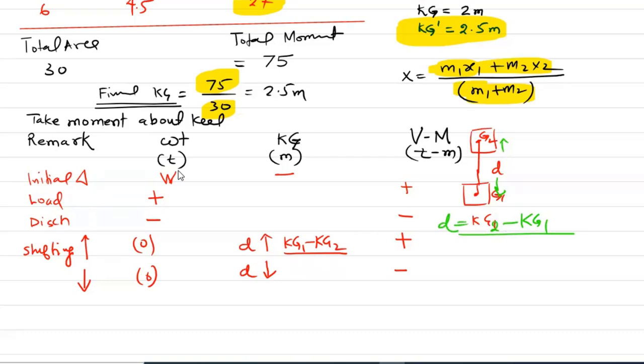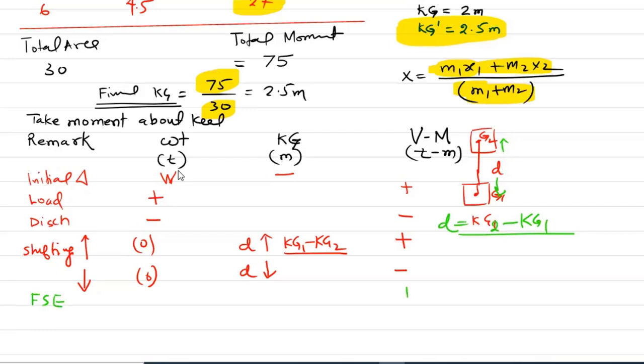Now I have become a little more ambitious. Should I include free surface effect also? This is free surface effect. Suppose there is a tank here. Free surface effect is a temporary effect when the vessel rolls and the tank is slack. There is an apparent shift of center of gravity, and because of that a moment is created.